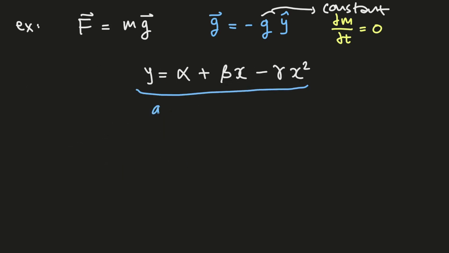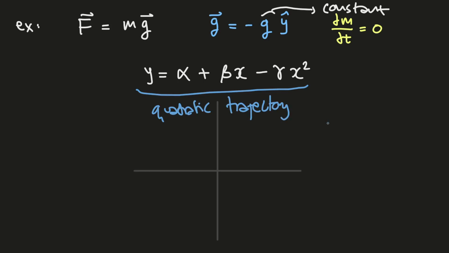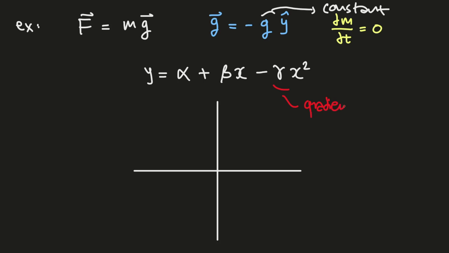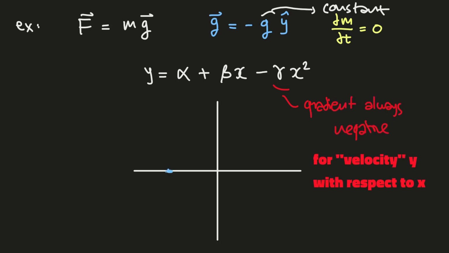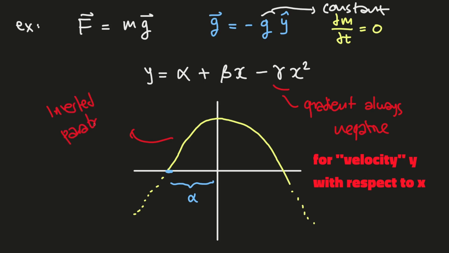In this result, we get a quadratic trajectory whose velocity gradient is always negative. If we take one point here, the distance from the zero point is alpha, which may be negative or positive. If we draw the curve for y and x, we get this curve, which I draw with a dashed line here for continuity. This curve is known as an inverted parabola, or just a parabola.